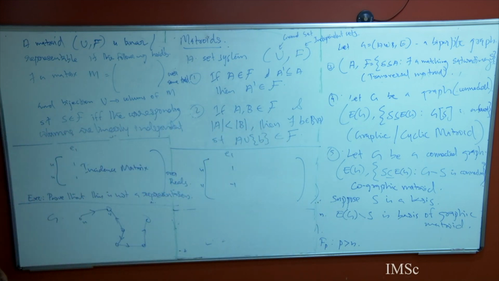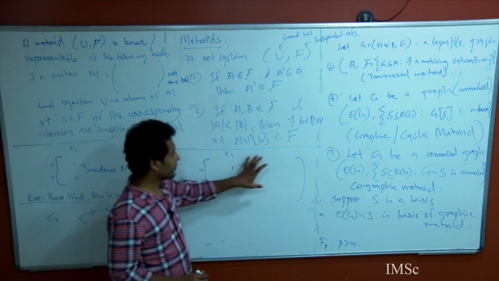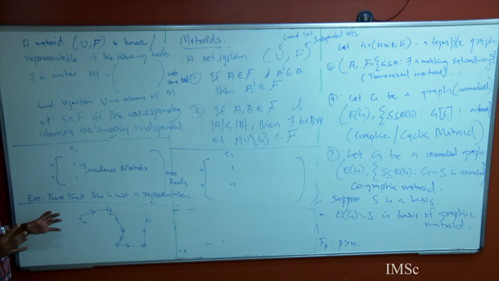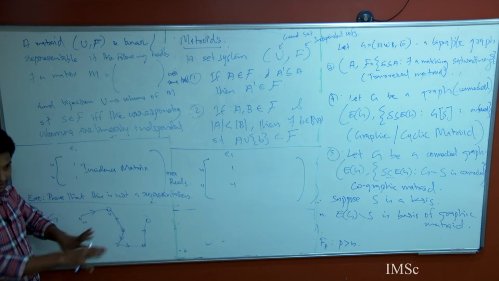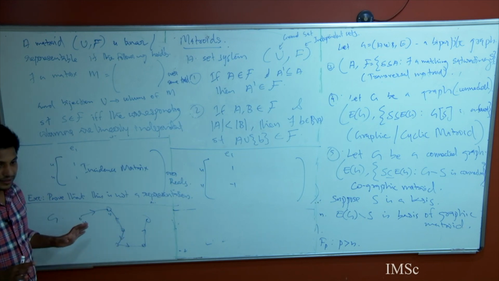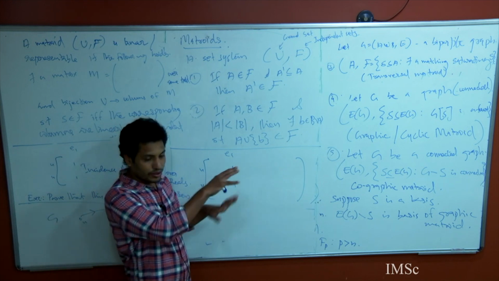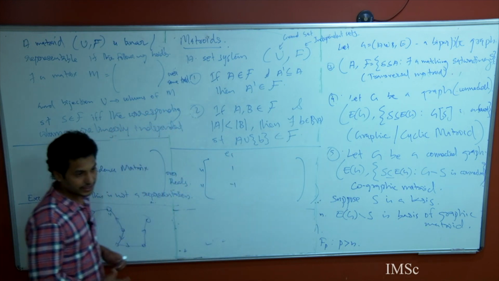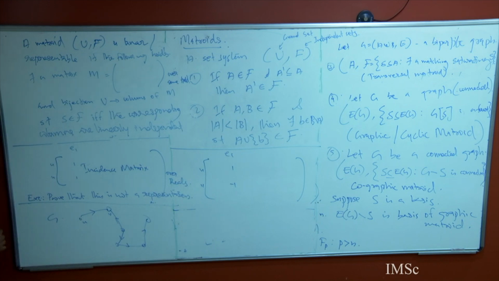So to prove that, first we need to prove that when the set of edges form a forest, like the underlying undirected setting, then those set of edges will be linearly independent, right?